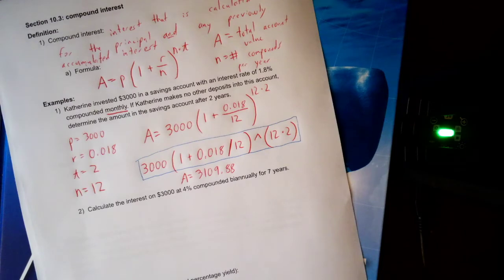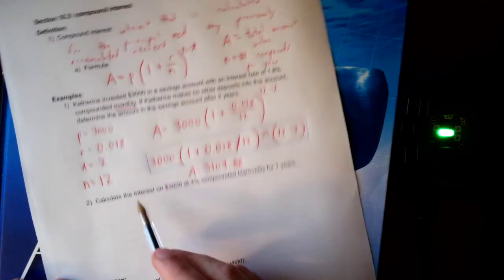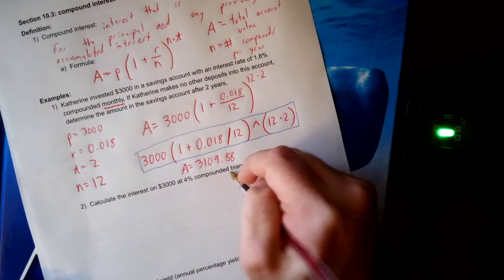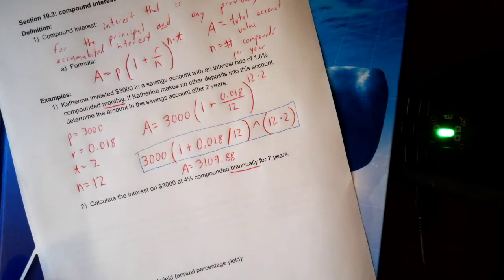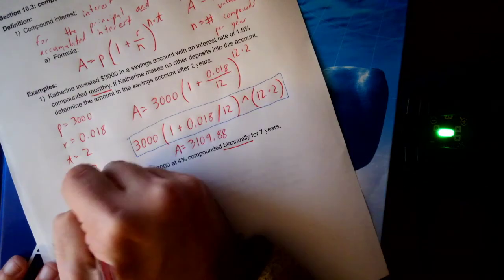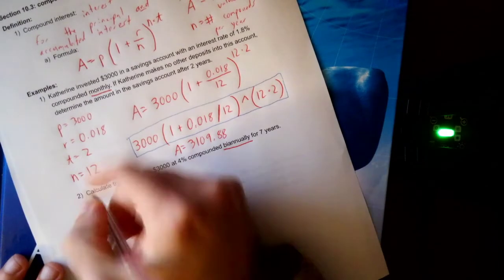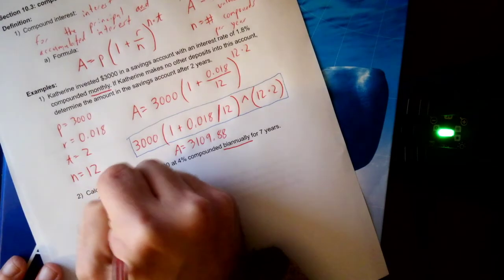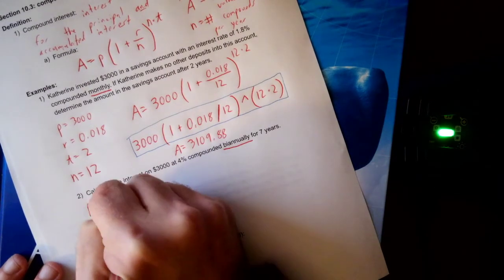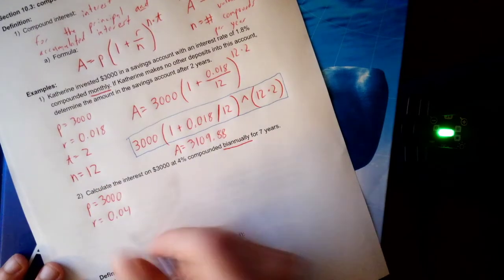Now, let's look at our second example. Calculate the interest on $3,000 at 4%, compounded biannually for 7 years. Well, the principal, once again, I'm investing $3,000. The rate is 0.04, right?